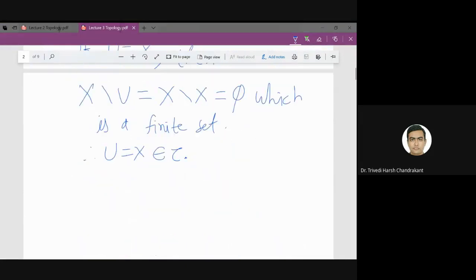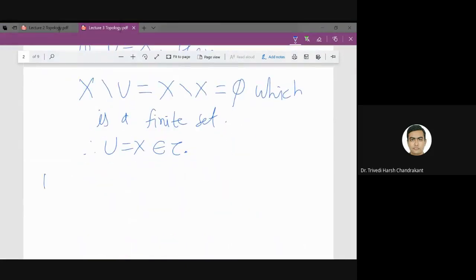So let us discuss the second property. For the second property, we know that we have to check whether it is closed under finite intersection. So we have to start with some n elements of tau. So let u1, u2, un be n elements of tau for any fixed n.